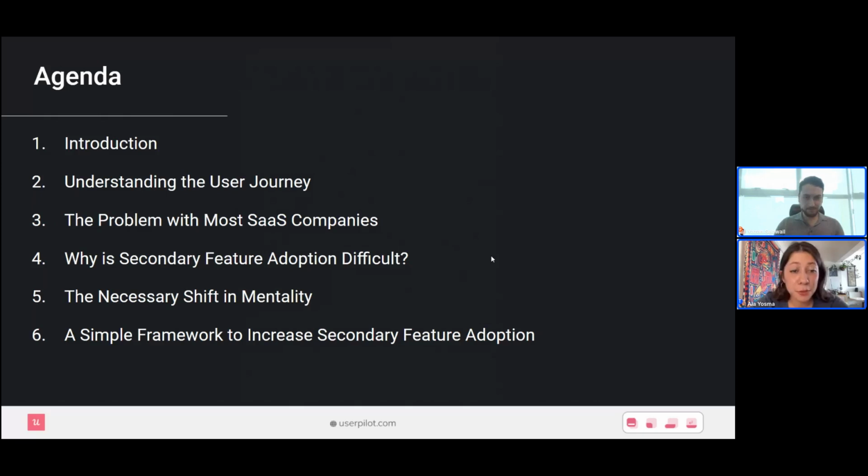Okay. Before we start, I want to ask a question to our audience, if that's okay. Here we go. I wonder, what do you think is the main reason why secondary feature adoption is difficult for most SaaS companies, as Yazan mentioned before?